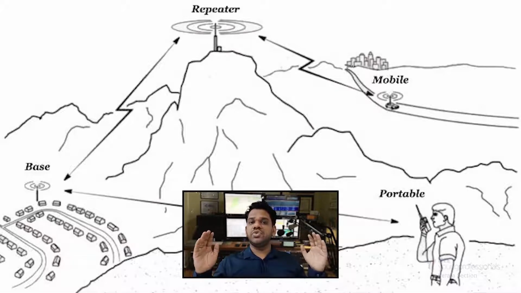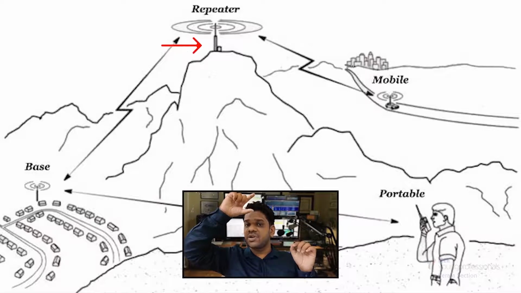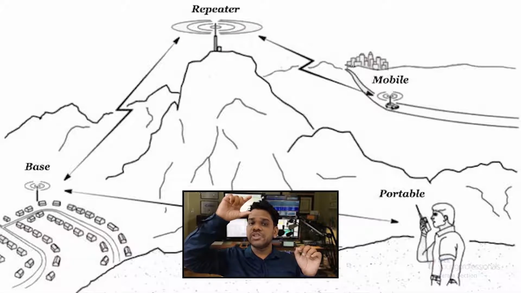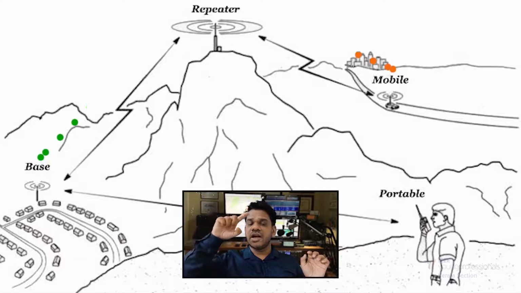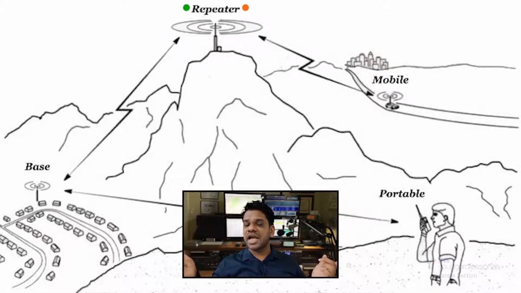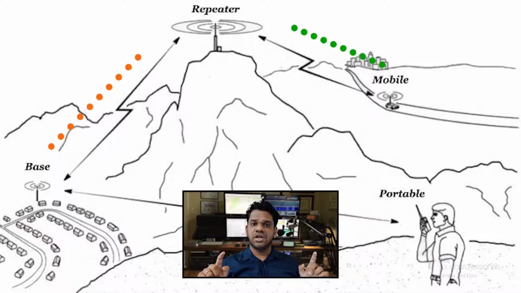Hence, to have proper communication, we place a repeater over here, which acts as a third antenna. The purpose of this repeater is to connect these 2 base transceiver mobile units. So, the repeater acts both as a transmitter as well as a receiver.